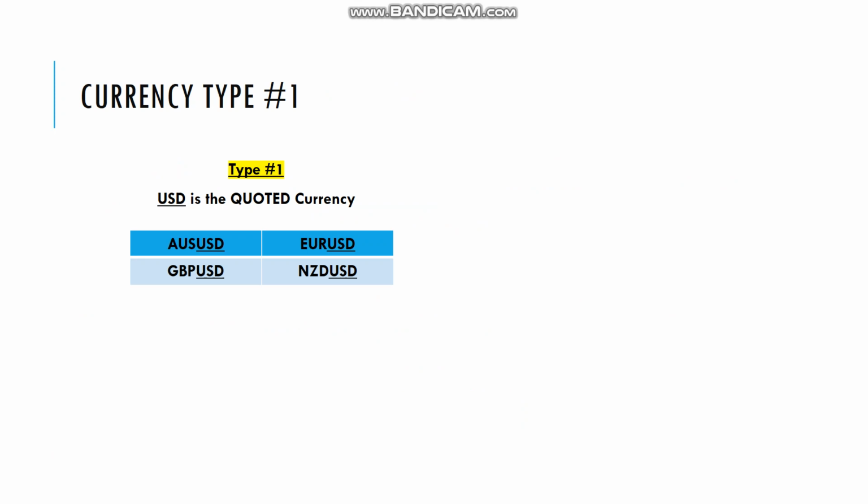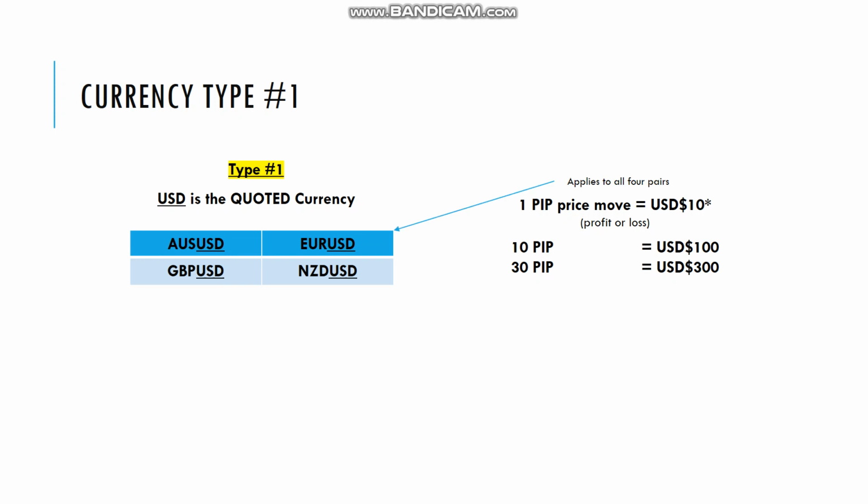Now let's look at currency type number 1, where the US dollar is the quoted currency. As we saw earlier with the euro dollar, a 1 pip price movement up or down is equal to $10, and a 10 pip move is $100, etc. This table does apply to all 4 pairs listed on the left.